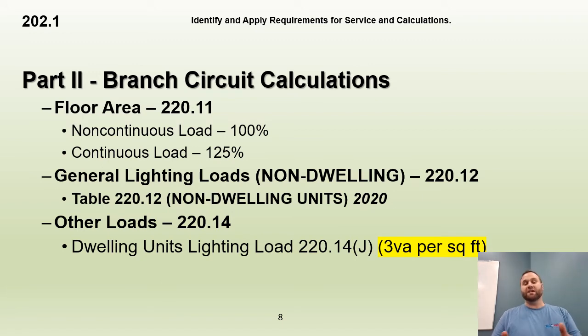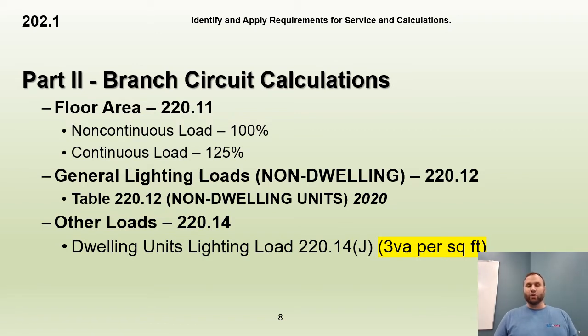That just leaves Table 220.12 set aside for only non-dwelling units. So we're talking like exercise areas, firehouses, office buildings, stuff like that. But for today, we're not going to be discussing so much the non-dwelling units. Today, we're only going to be discussing dwelling units.